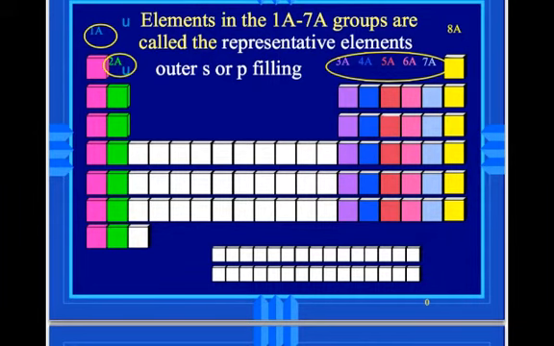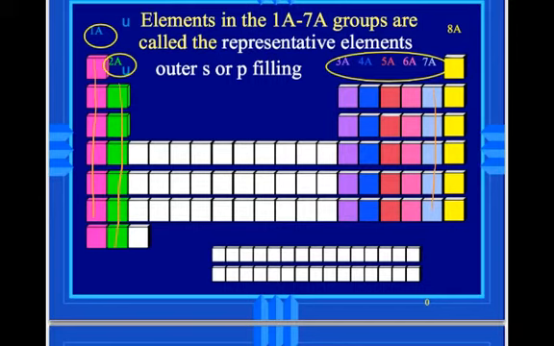So when we look at the periodic table, the first ones we're going to look at are these representative elements. You can see the little yellow circles are showing you all of the families or groups that we would call representative elements. Again, this first one over here we call the alkali metals. These are the alkali earth metals. Over here, these were the halogens that we discussed.